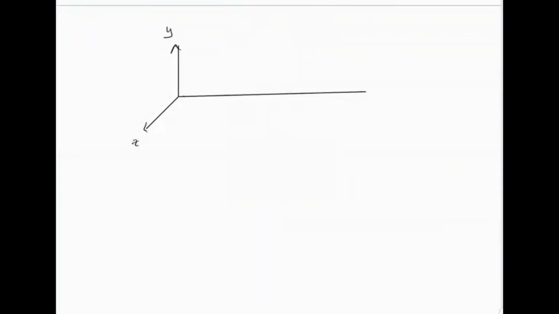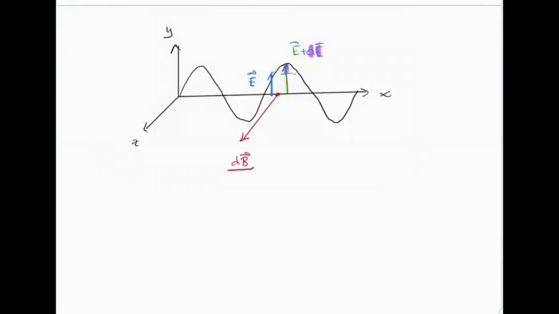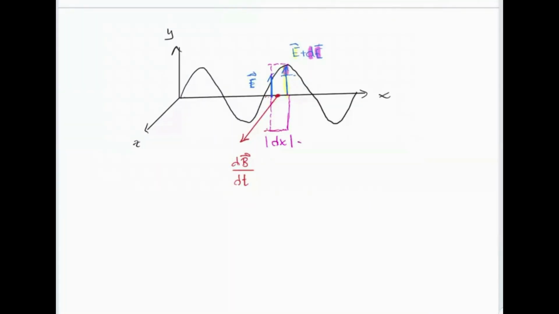Now let's come up with an expression for the speed of the electromagnetic wave. So we're looking at the electric field component. Notice that the electric field amplitude is increasing by dE. So what's causing the change of the electric field amplitude is the fact that within that region, the strength of the magnetic field is varying in time within that region.